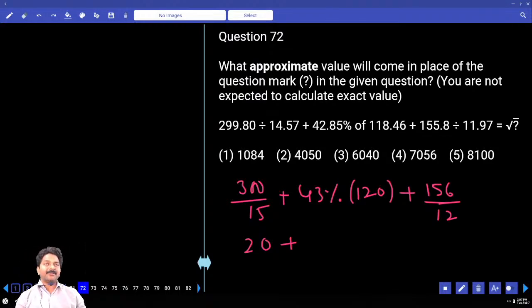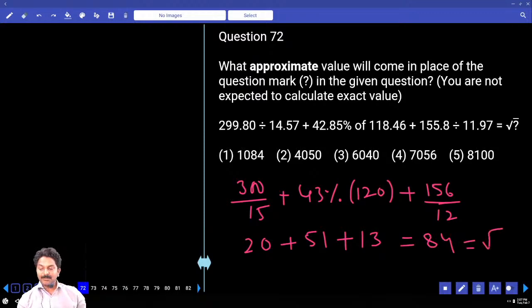What is 20% of 43? 8.6 something. So we can write it as 43 plus 8, how much is that? 51 plus 13, how much is that? 84, which is equal to root x. Then x is equal to 84 square.